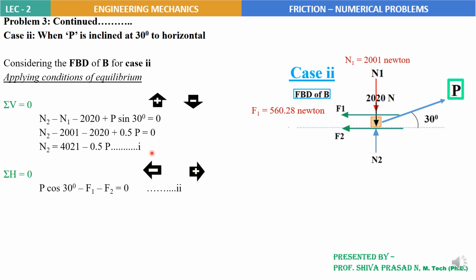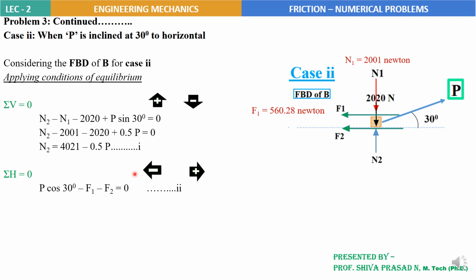Let's write the equation. Right side force, the resolved component of P along horizontal, is P cos 30 degrees, and left side purely horizontal F1 and F2: minus F1 and minus F2 equal to 0.